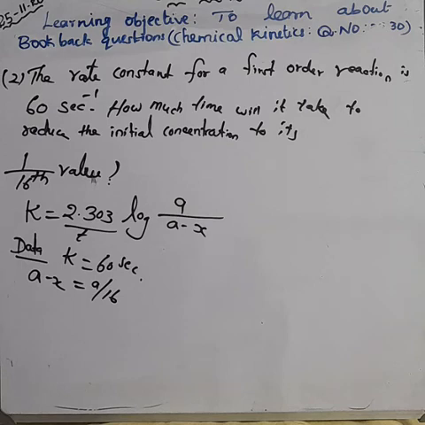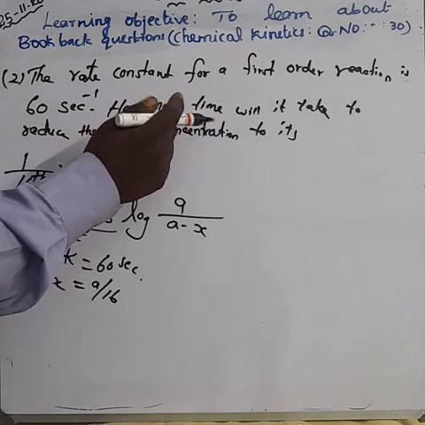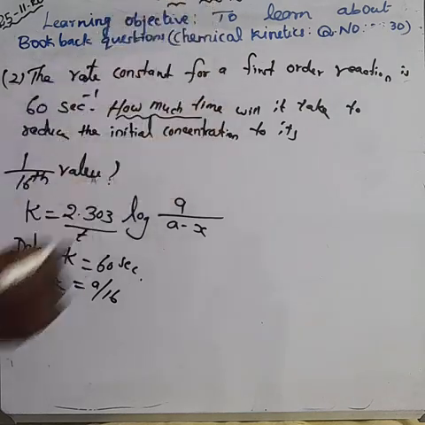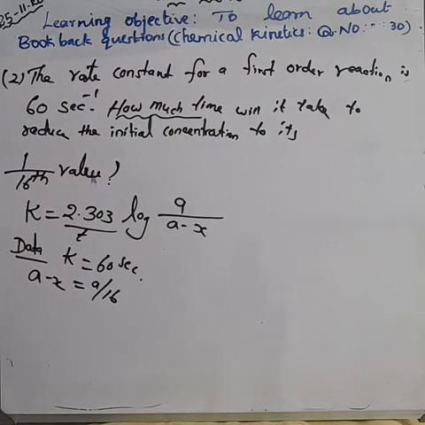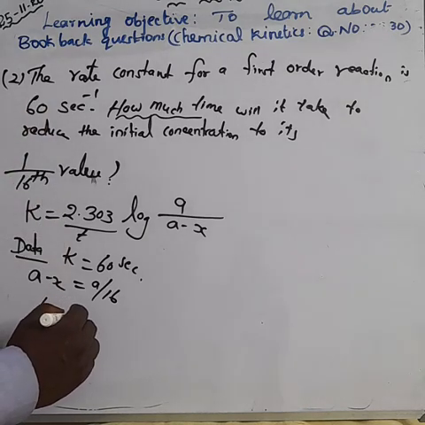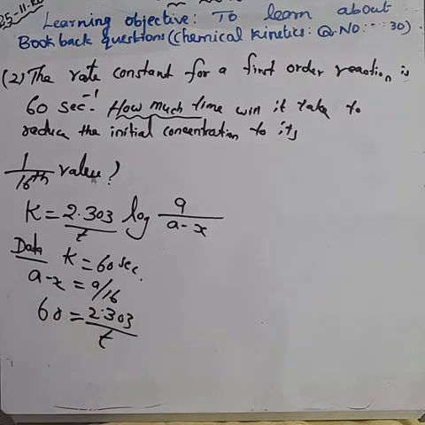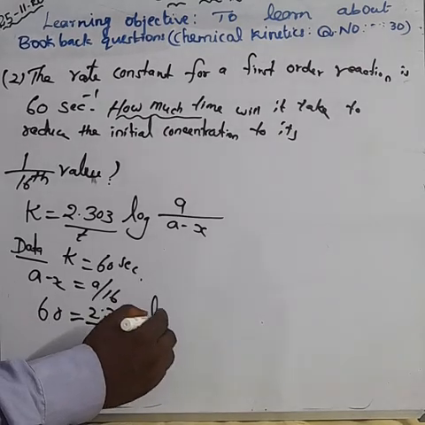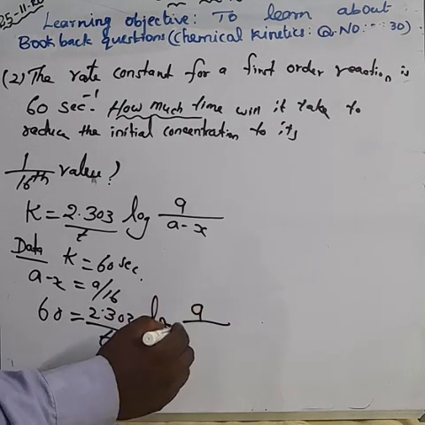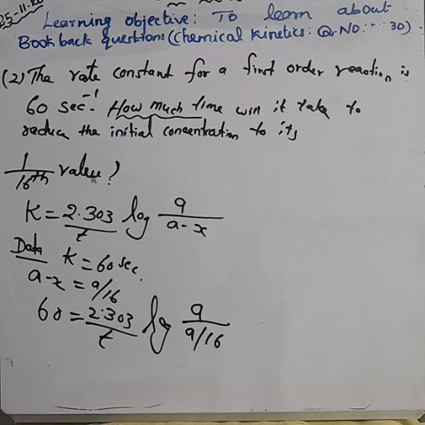So here we should find the T, that is, how much time. That's the question: how much time will it take? As per the formula, K is 60, so 60 is equal to 2.303 by T, log a by a by 16.